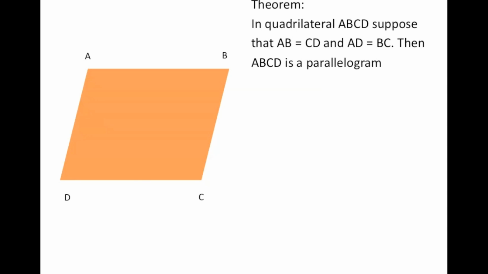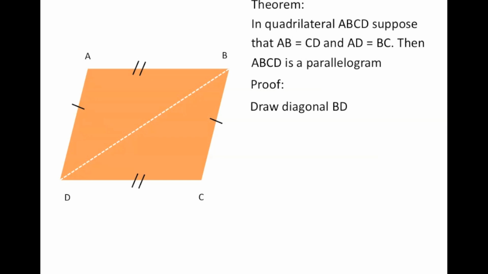So from the theorem, we know that AB and DC are equal, and the dashes are a way to denote that two sides are equal, and AD and BC are equal. So with that in mind, again, we're going to draw the diagonal BD.